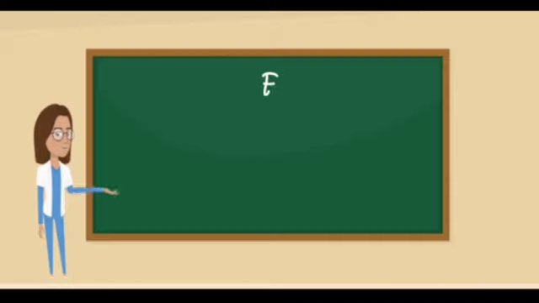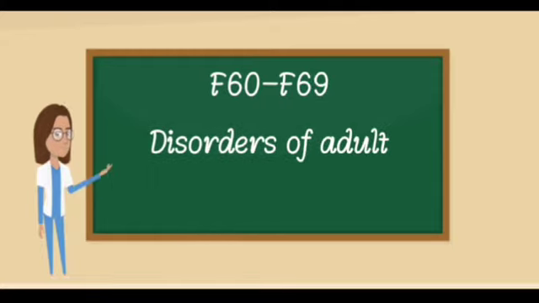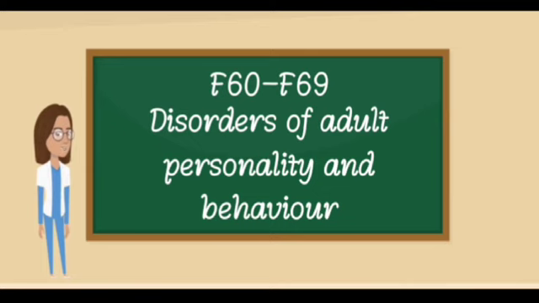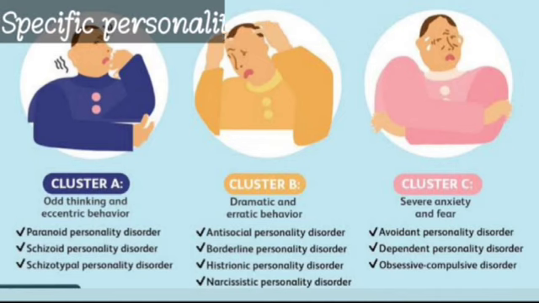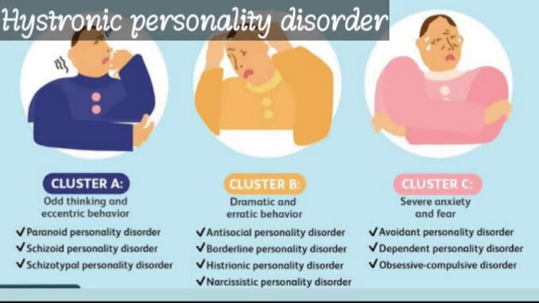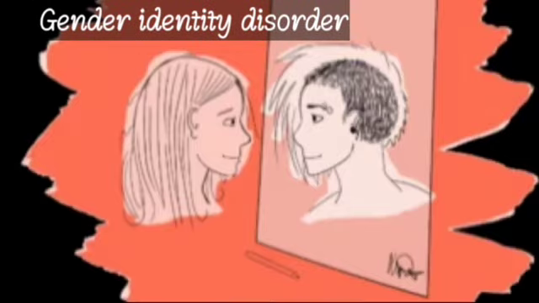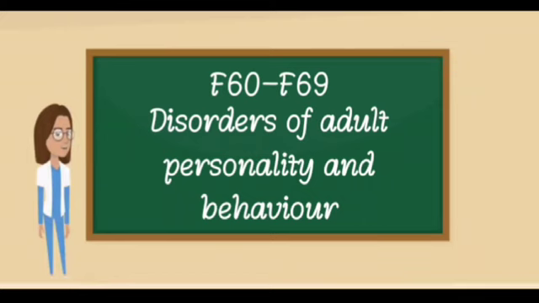Then comes F60 to F69, disorders of adult personality and behavior: specific personality disorder, paranoid personality disorder, histrionic personality disorder, gender identity disorder, disorders of sexual preferences. These are all which come under F60 to F69.